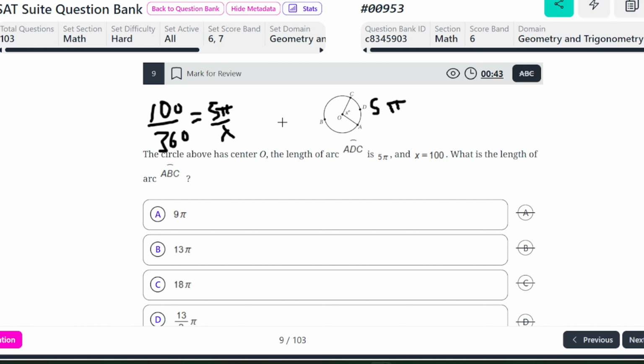Our x is just going to be 18 pi, because if 5 pi is this, we just do this proportion here and we would get x is equal to 18 pi. So now we're just going to do 18 pi minus 5 pi, and B, 13 pi, would be our answer.